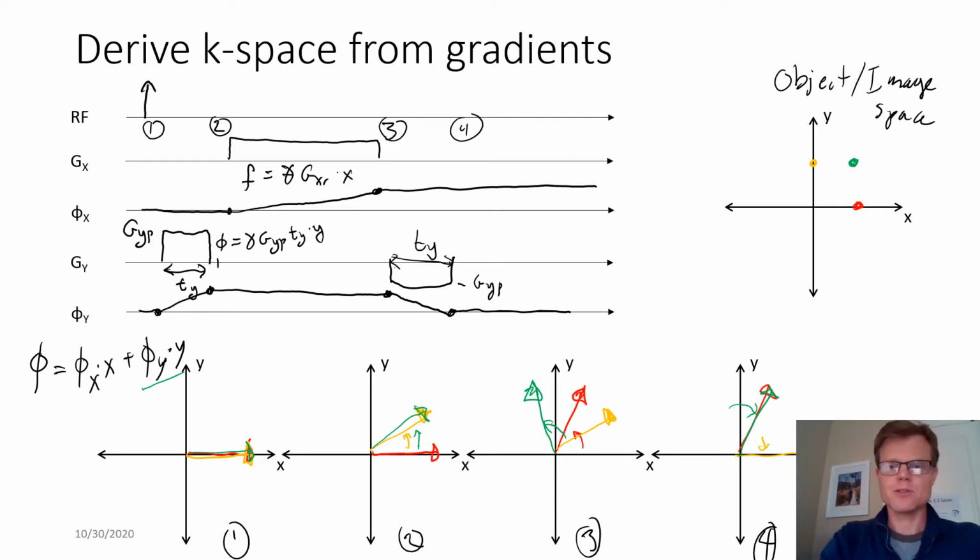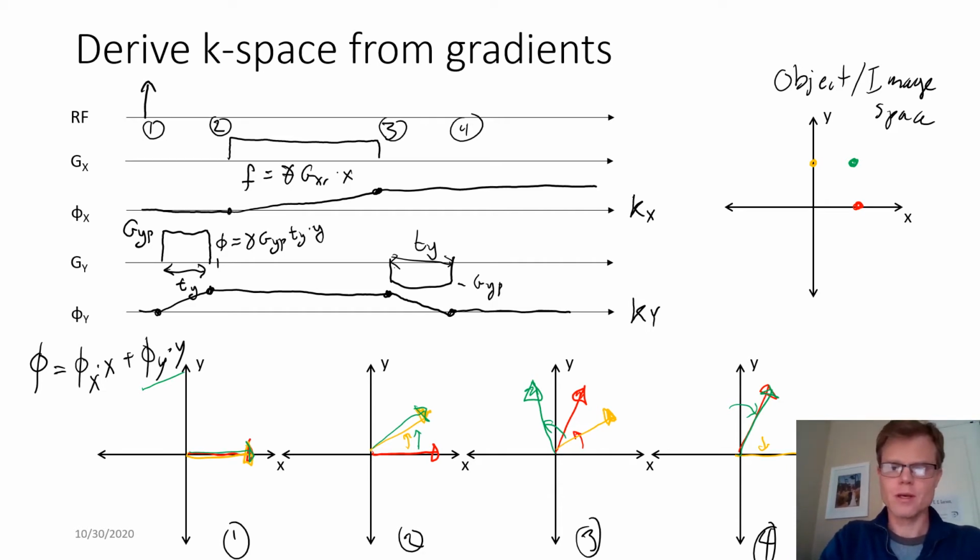And so in fact, this line represents kx, and this line represents ky. The only difference is basically a 2 pi term.